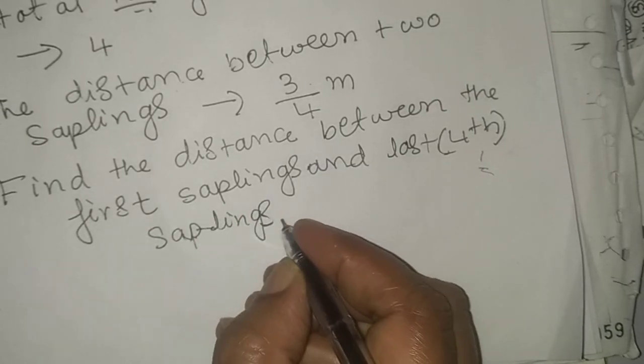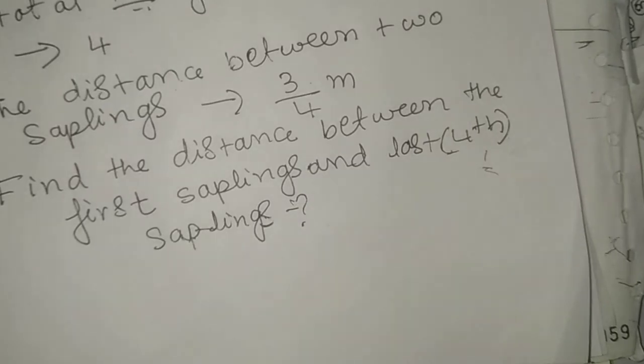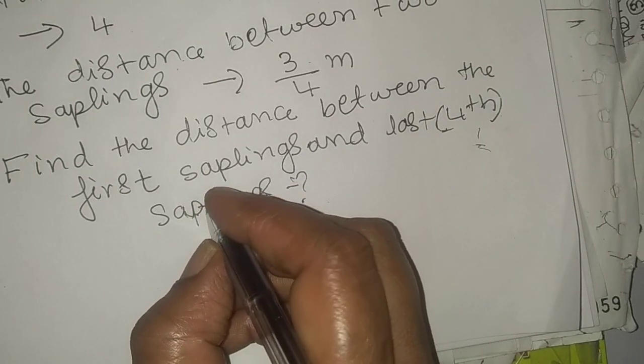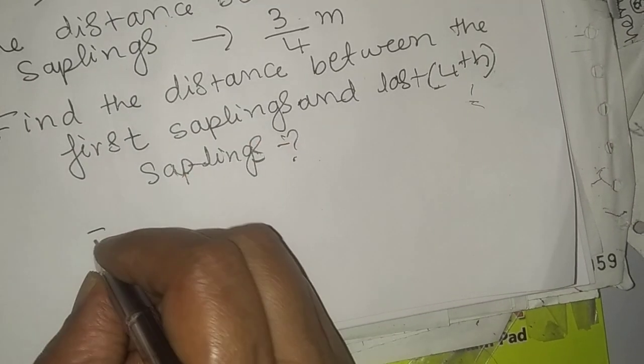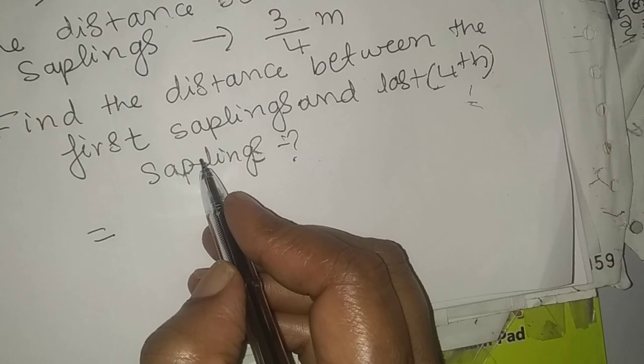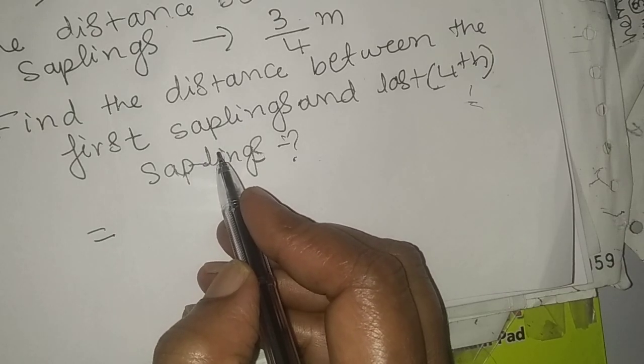So this is the data given. We have to find out is equal to the distance between the first and the last saplings.